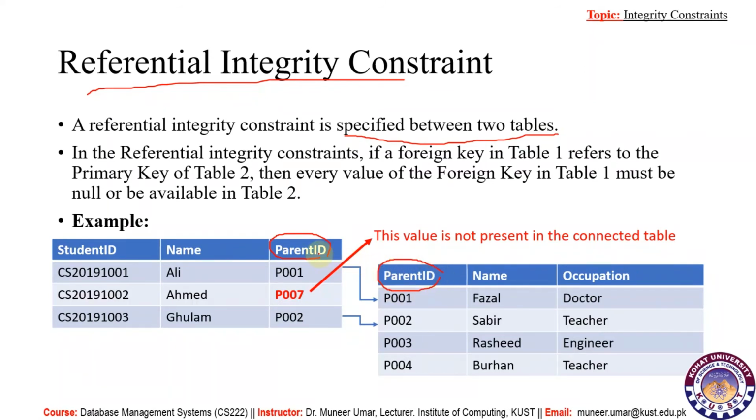So if this foreign key is referring to the primary key of the second table, then it's okay, it's not violating. Else, if we have some values which cannot be referred to in the second table's primary key, then we would say that there is some sort of violation.